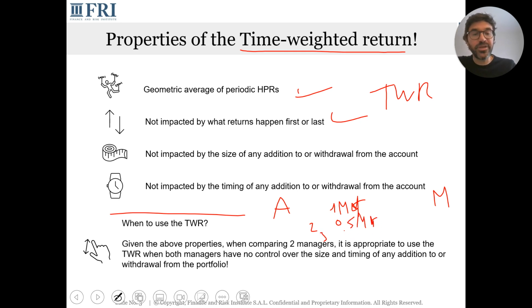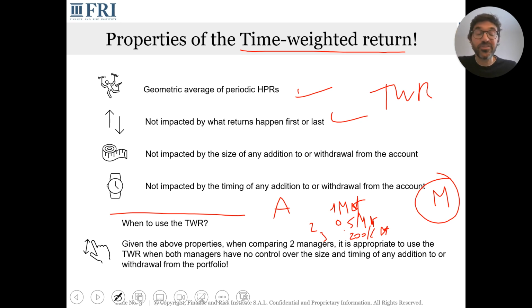And then in year 3, client A needs some money, so he withdraws $200,000 from the portfolio. It is the client's decision, at the client's discretion, whether to deposit or withdraw money from the account at any point in time. The manager does not control this.